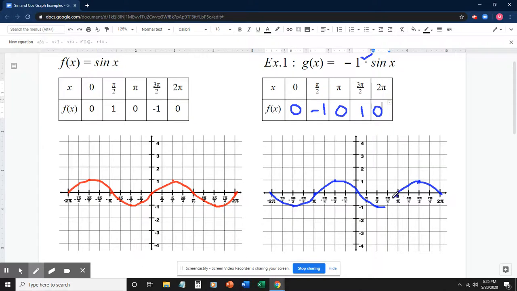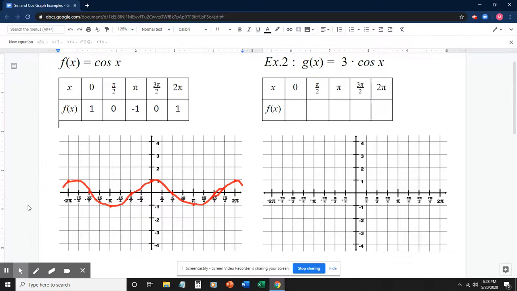So I hit that point right there. There we go. So it looks the same as the original one, except flipped. This positive one is now down in the negatives. This negative one is now up in the positives on this new graph. So those are reflections. Multiplying by a negative number in front should flip it.